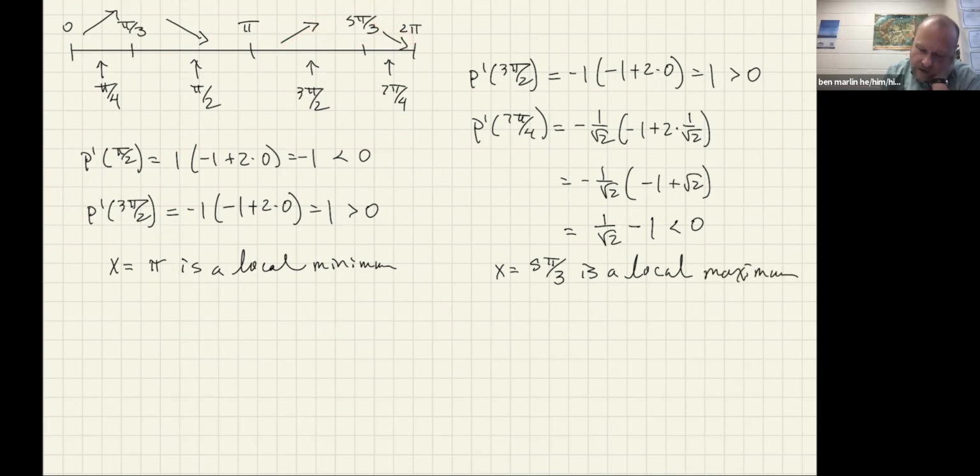Okay. Then finally, we can take care of the x equals 0 and the x equals 2 pi at the same time. So if you notice here, we were going up to the right of 0. And before we got to 0, we would have had a copy of this. So it was going down here, and then it changed to going up.